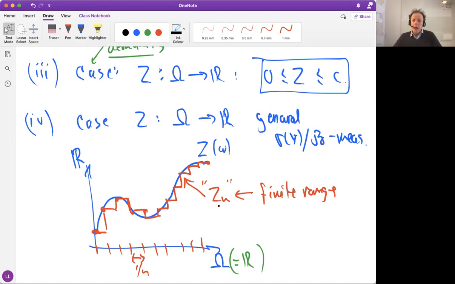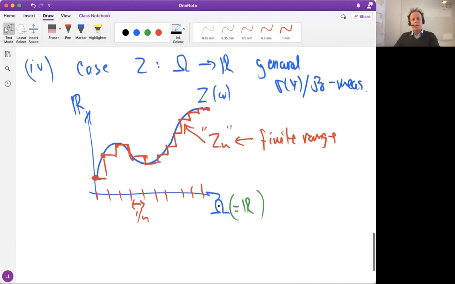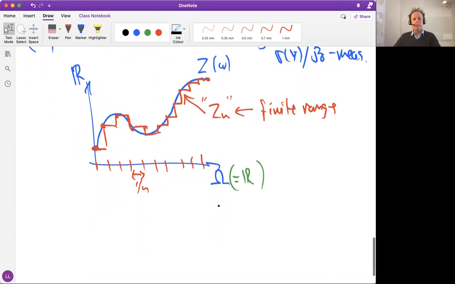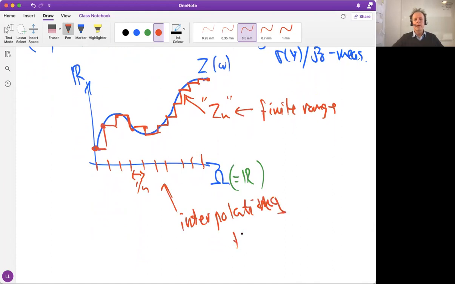That's the way to do it, almost, except that there are two different ways to interpolate. This is interpolating, or let's say discretizing, the input space.